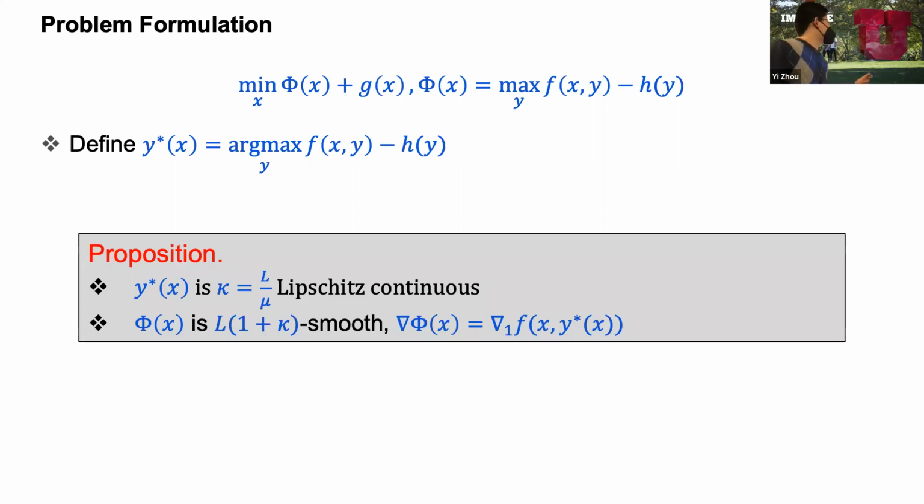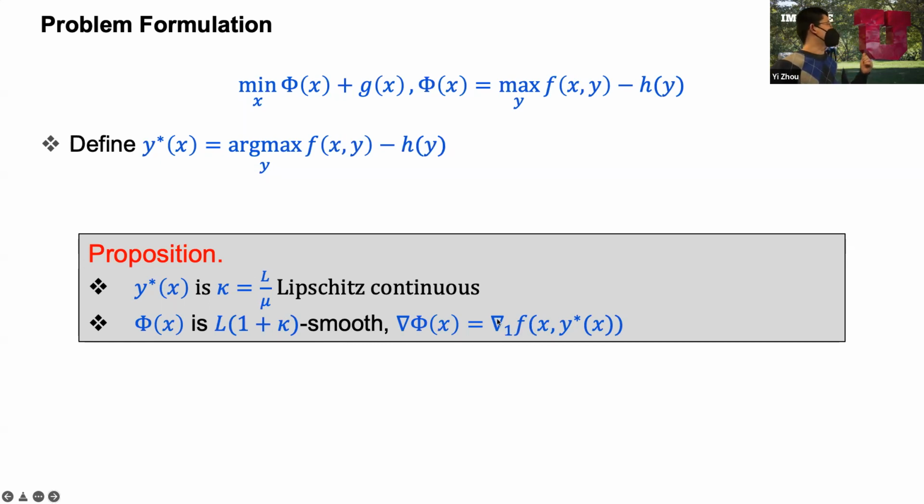So some propositions here: we can show that this maximizer mapping is Lipschitz continuous in X. And with this result, we can further derive that this envelope function phi is actually a differentiable function. In particular, the gradient is given by this formula.